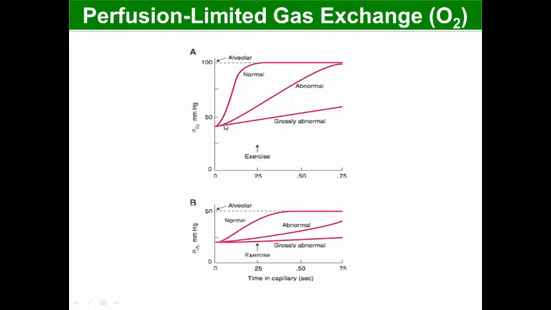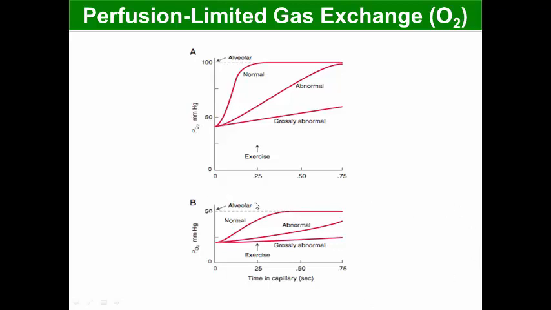But here, still there is a rise in the partial pressure of oxygen. So this is abnormal. So you can see this could represent the exchange of oxygen during strenuous exercise, and this could represent the exchange of oxygen in pathological conditions like emphysema or like fibrosis.